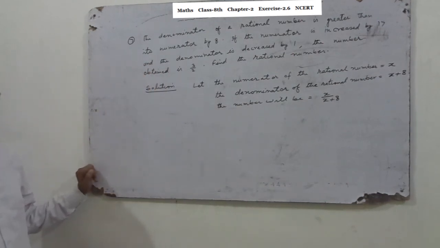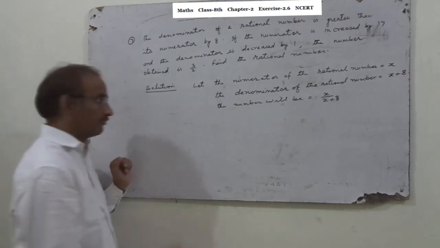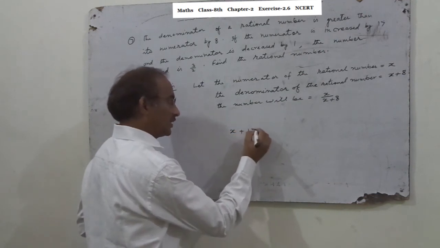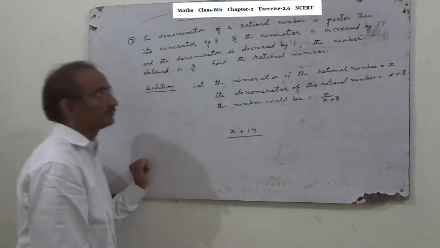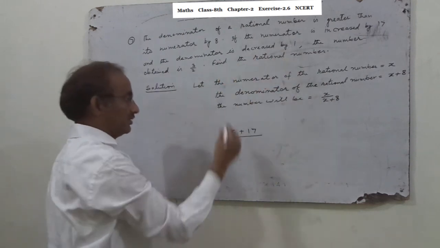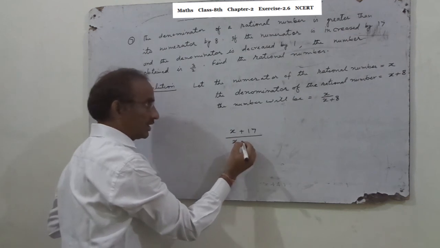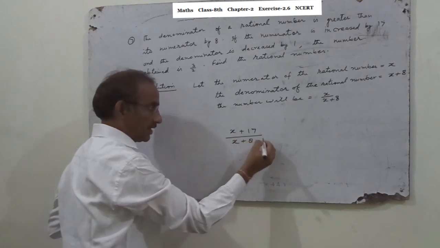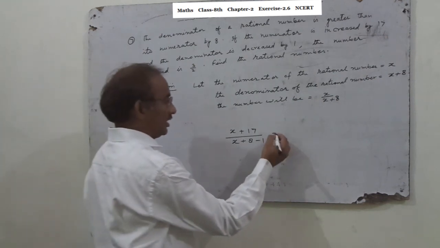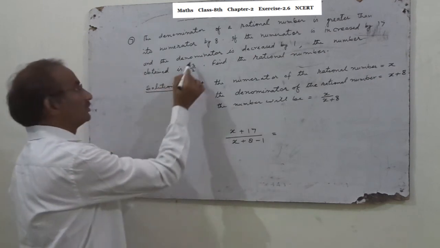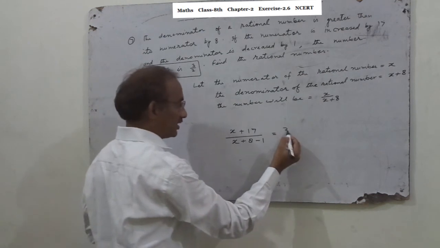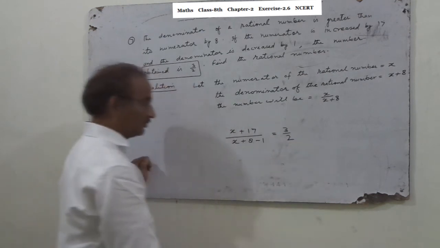If the numerator is increased by 17, so the new numerator becomes x plus 17, and the denominator is decreased by 1, so the new denominator becomes x plus 8 minus 1, and it is equal to the number obtained by us, so it can be written as 3 by 2.